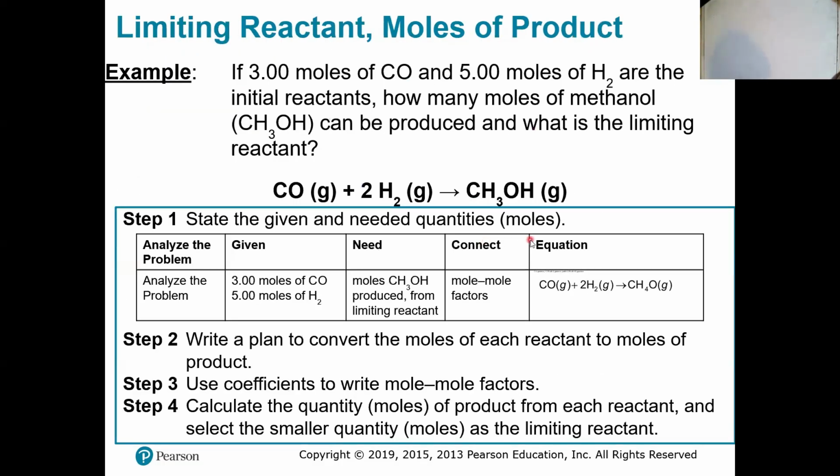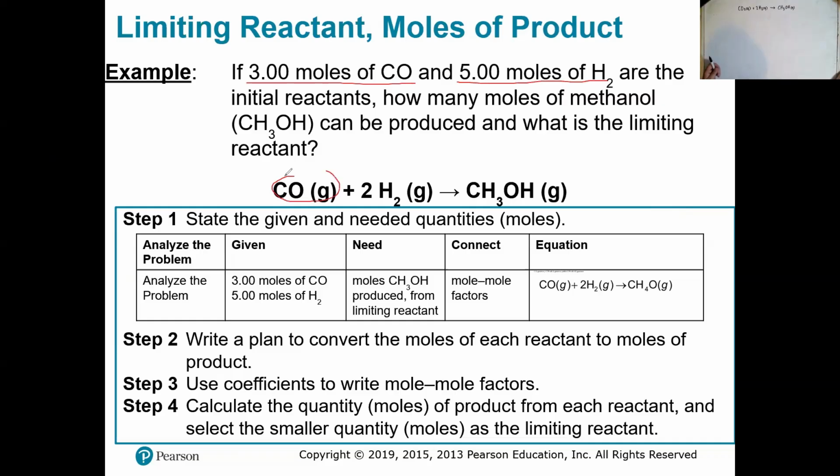So this is an example. We're going to look at this step by step. We're going to start out with our balanced equation. Notice in this question how they're giving us information about 2 of our reactants.